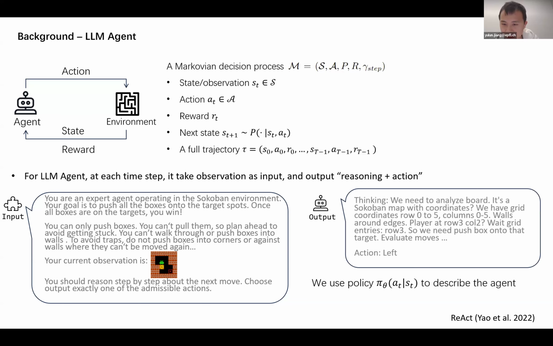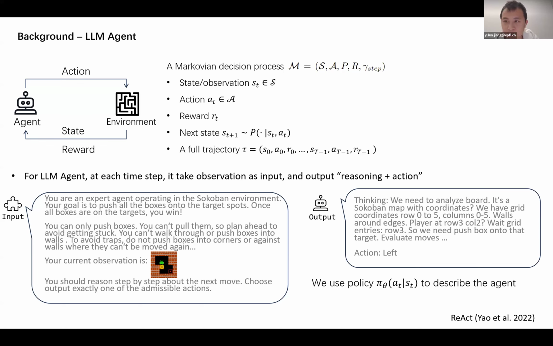It will do some chain of thought thinking and then output the action, depending on how you define the action space. We refer to the policy as this probability map between the action and the state. We use this as the policy to describe the agent. The goal of RL is to train the policy to have the maximized expected reward.